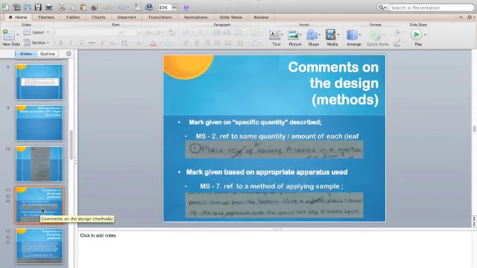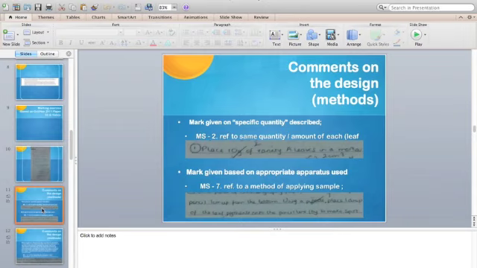Some of the things that were mentioned is that there's an expectation that when a certain variable is mentioned and there's a need to state a specific quantity, that should be written. Let's take a look at the marking scheme.